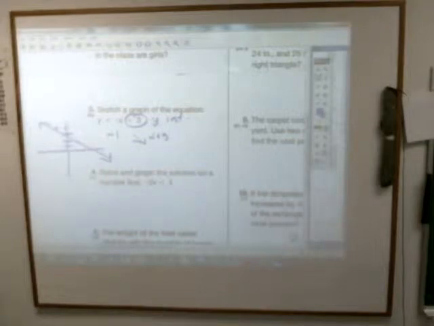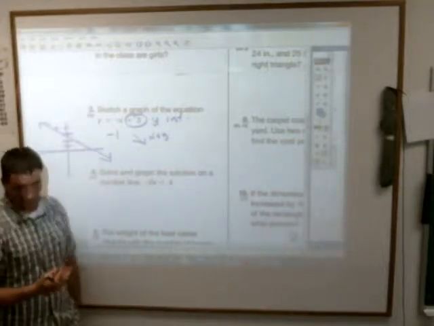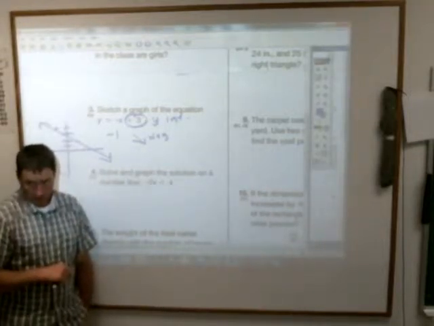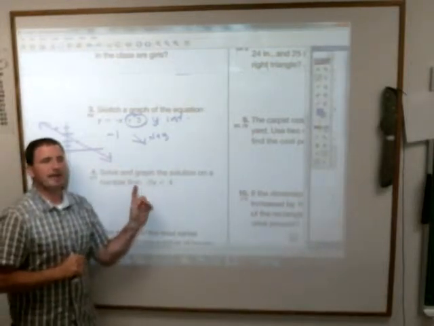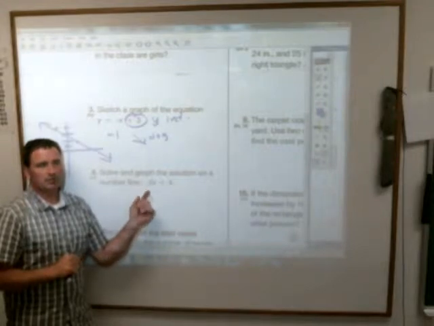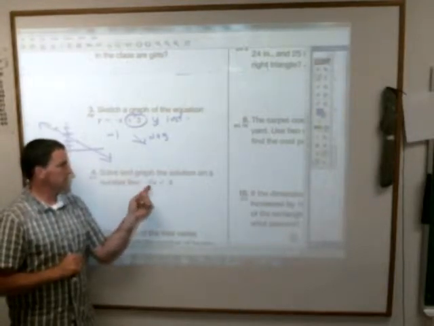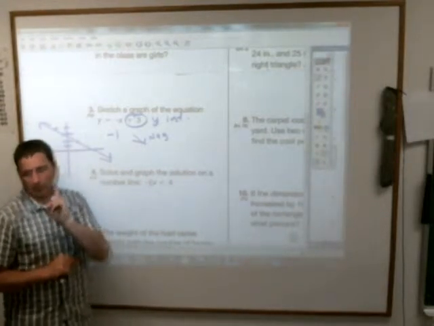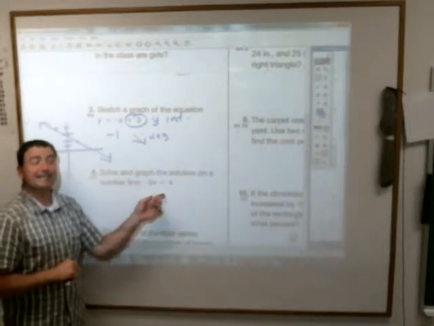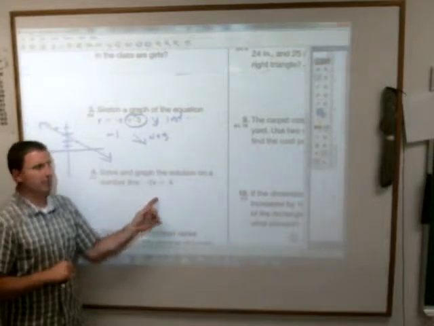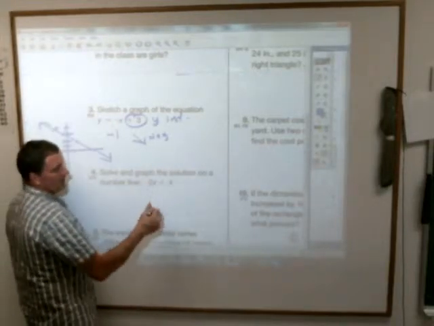Same thing for problem number 2. How many of you missed problem number 2? Okay. The problem with problem number 2 is this negative that's in front of the x. It's never good to have a negative with the letter when it comes to inequalities, because you have to get rid of that negative.